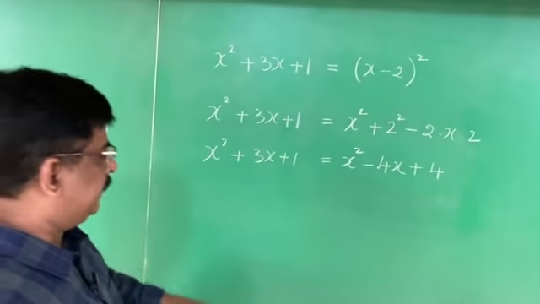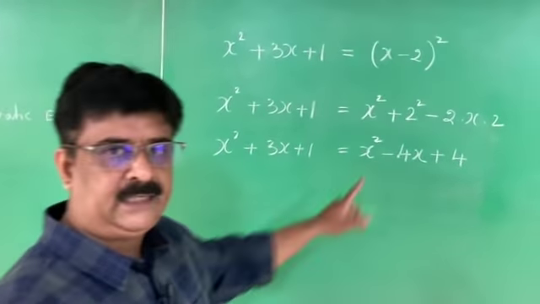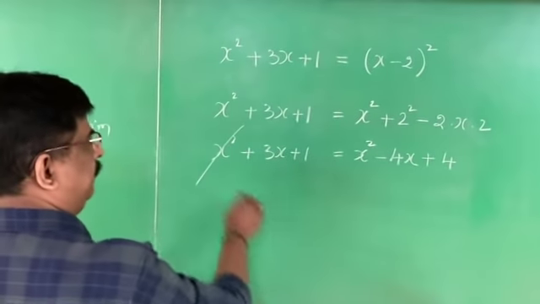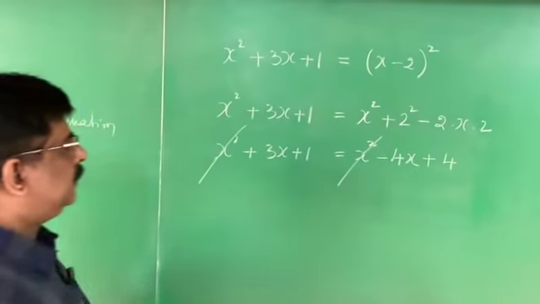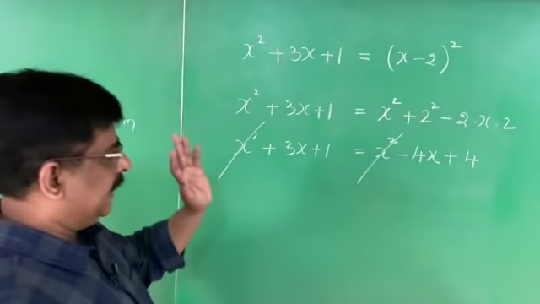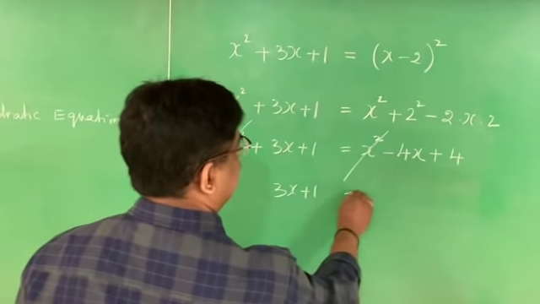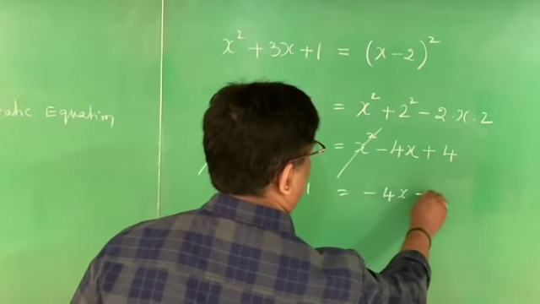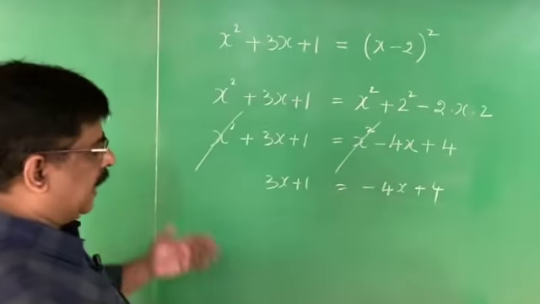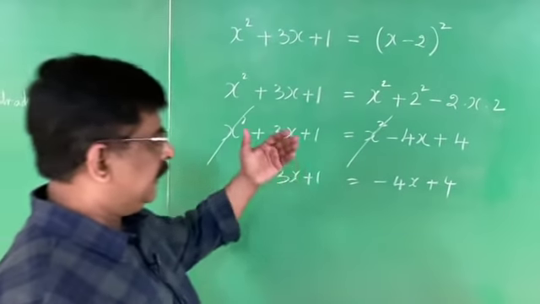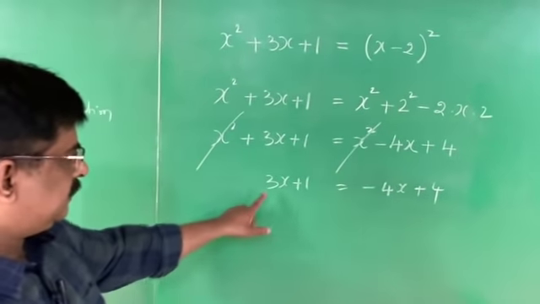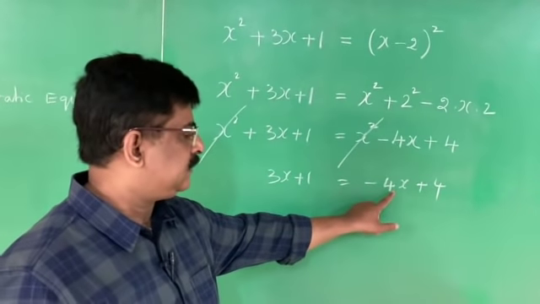Now see both the sides. The common term on both sides is x square. Eliminate x square. Then we have to transfer. See what is left: 3x plus 1 is equal to minus 4x plus 4. Always transfer the lesser number to the bigger number. This is plus 3x, this is minus 4x.